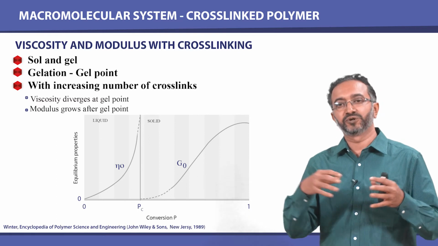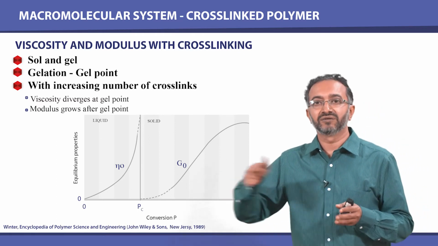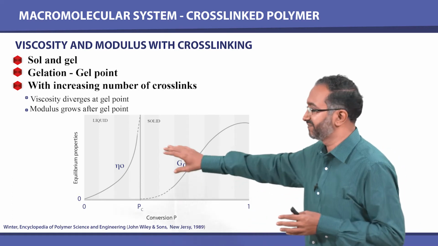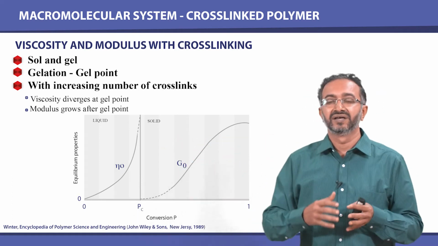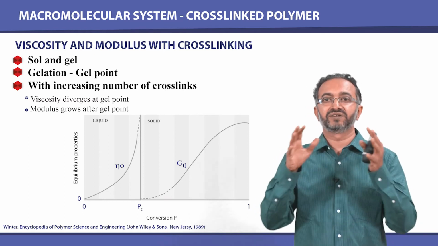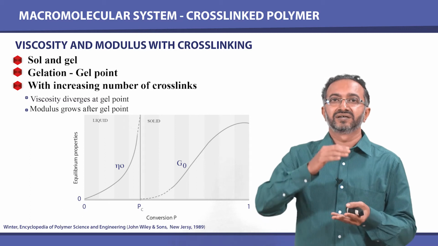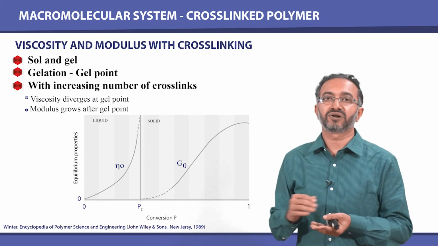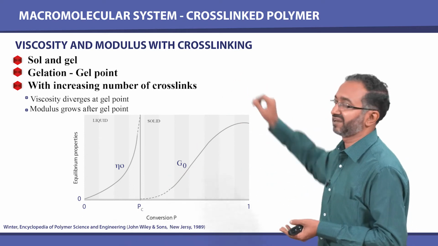There also would be monomer, and so therefore reaction can still proceed further, and that is what is depicted in the graph here, that when reaction proceeds further, this material which has become solid like because of the presence of an infinite molecular weight material starts exhibiting higher and higher modulus, and so modulus starts becoming more and more significant and it increases.